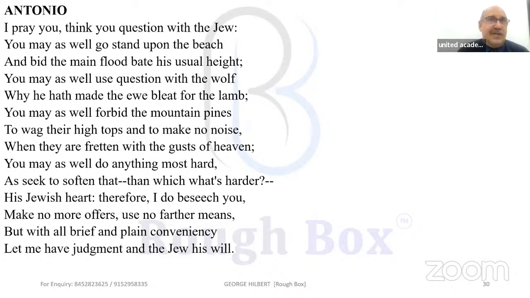And Antonio, who's listening to the entire conversation, is a little concerned. He's a lot worried because his pound of flesh is at stake. He tells Bassanio, I pray you, I request you, Bassanio, think you argue with it. Don't forget you're arguing with Shylock.